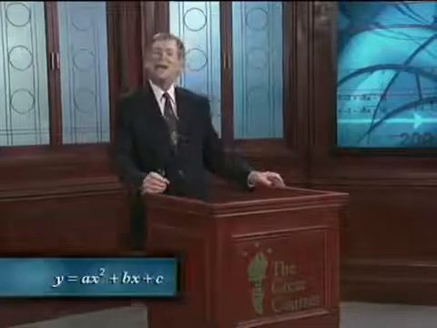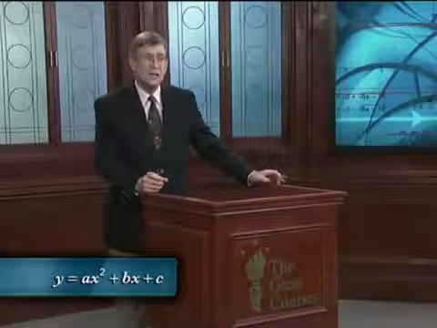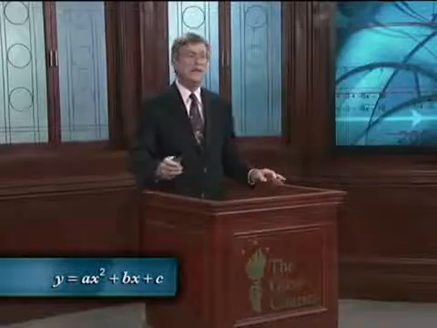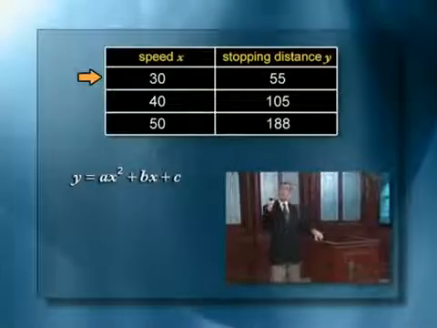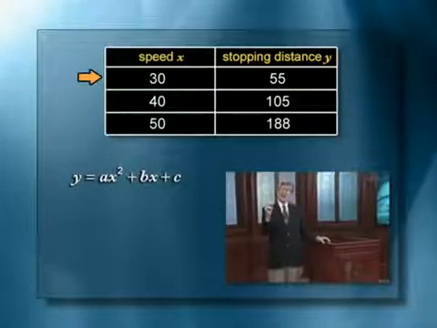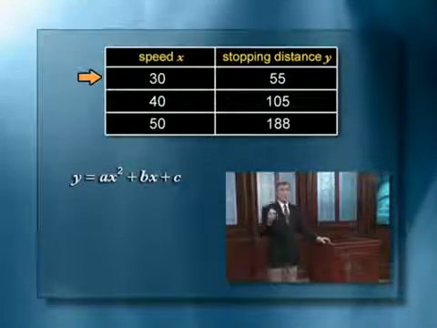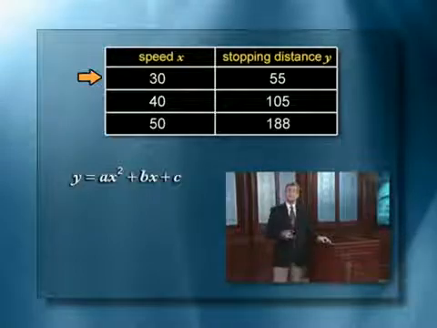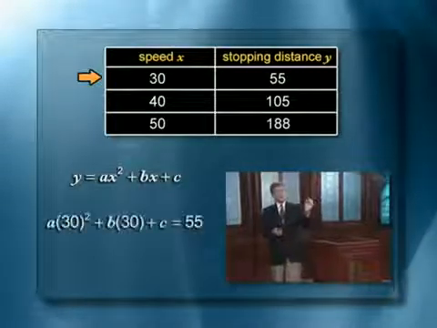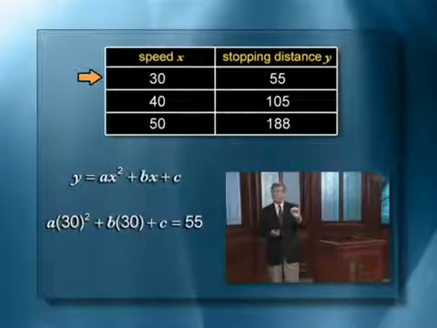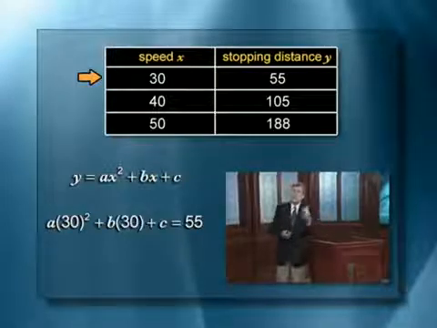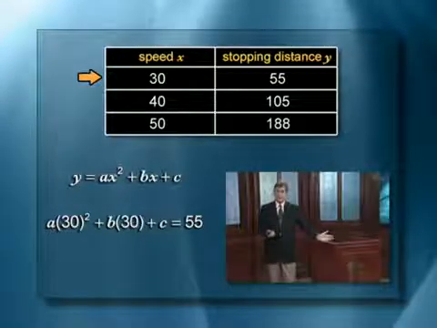So let's do it. Let's assume our parabola looks like they all do, ax squared plus bx plus c. We're trying to find a, b, and c, and we have some data here, don't we? We know that when we're going 30 miles an hour, when x is 30, the stopping distance is 55, so that gives rise to an equation, a times 30 squared plus b times 30 plus c equals 55.